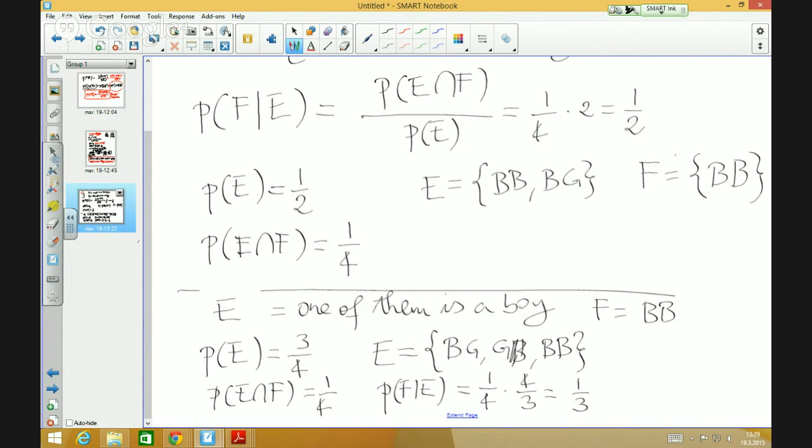And again, this makes a lot of sense. Why? Because if you look at the set of possible outcomes, when somebody tells you one of them is a boy, there are three possible outcomes, not two like we had before. And only one of them is good. Well, at least good in this setting. I'm not saying boy-boy is necessarily good as a combination, it depends on the boys.